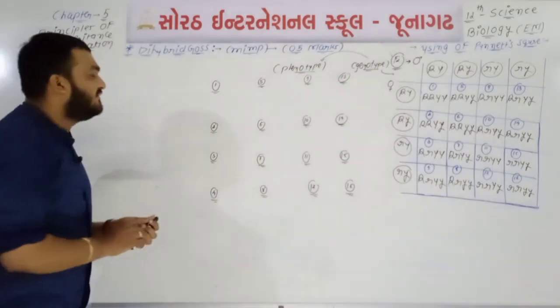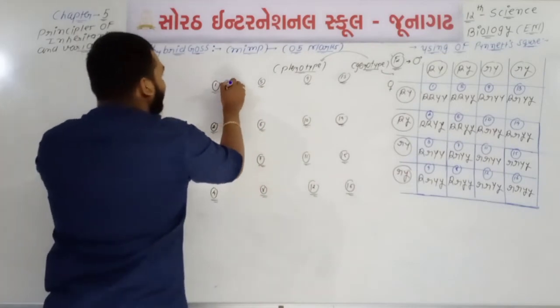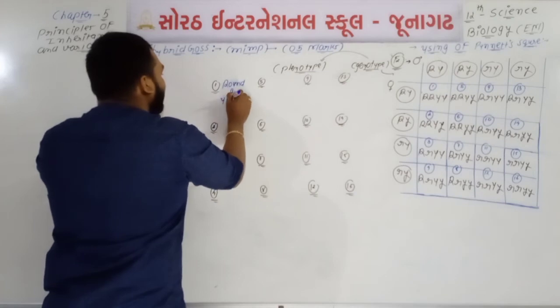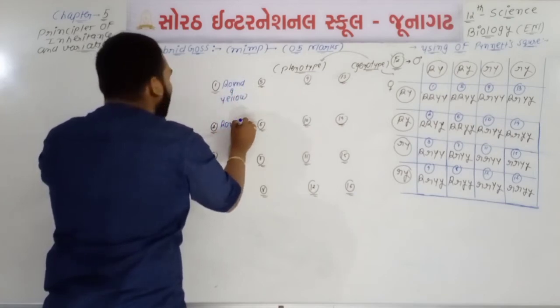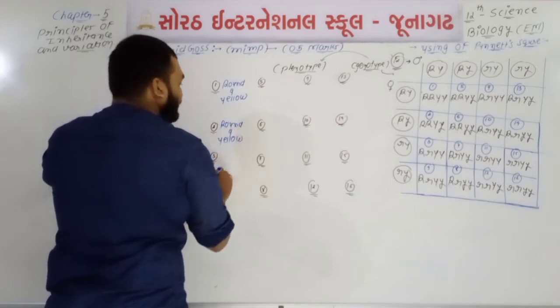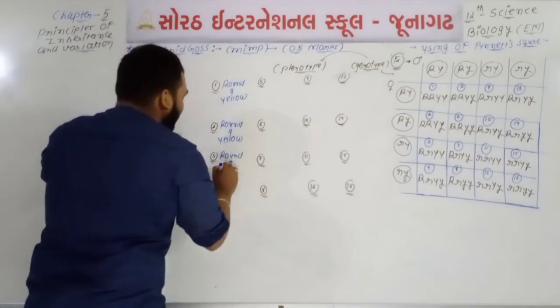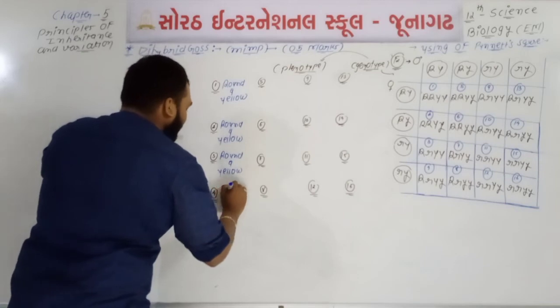Okay, so see here, the first phenotype will be round and yellow. Second one will be round and yellow. Third one will be round and yellow.